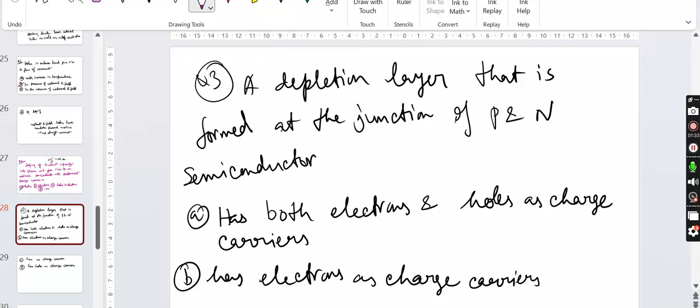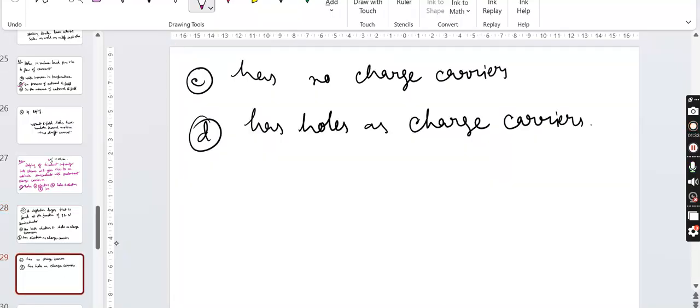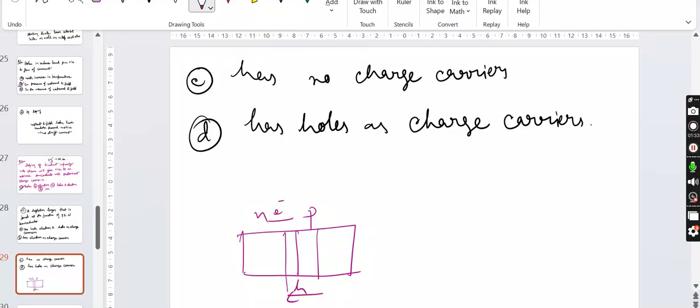At a junction, electrons diffuse from the N side to the P side and holes diffuse from the P side to the N side. So electrons go from here and holes go from there, and they recombine. In the depletion region we get fixed positive ions on the N side and fixed negative ions on the P side.